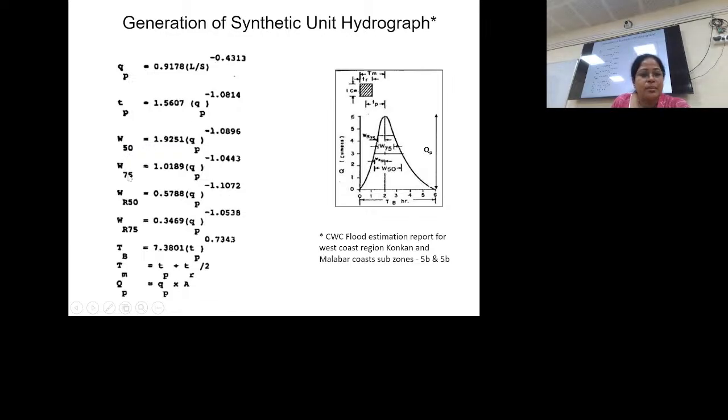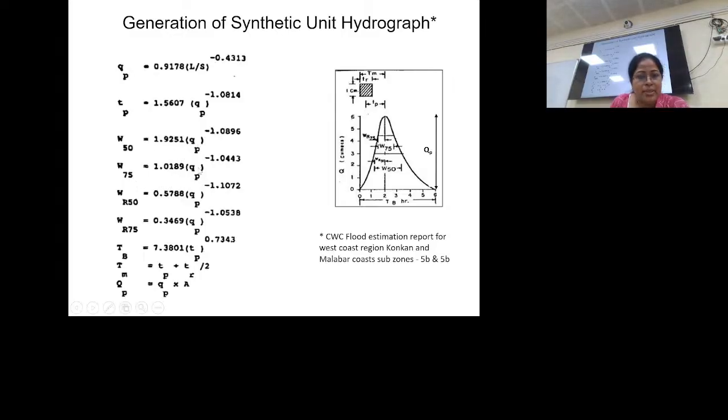Then W50, W75, WR50 and WR75: these are four points located on this hydrograph. W50 and WR50 are the points on the hydrograph corresponding to 50% of the peak discharge. Similarly, W75 and WR75 correspond to 75% of the peak discharge.